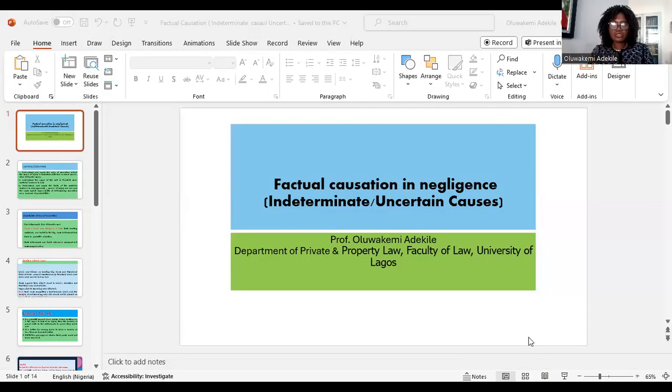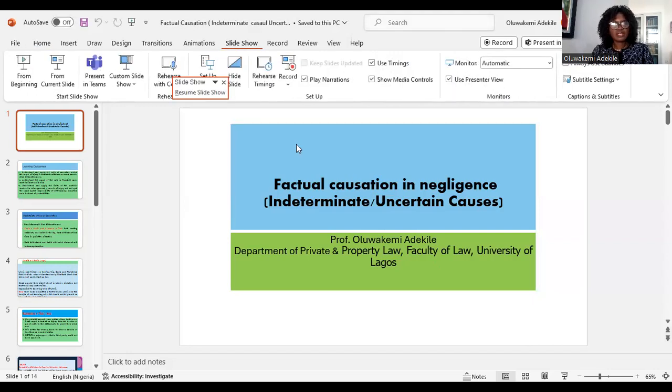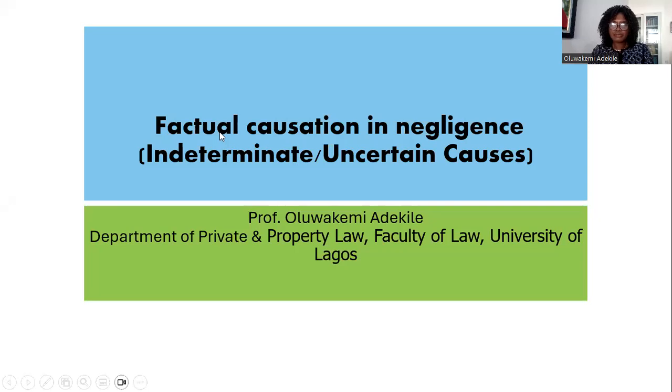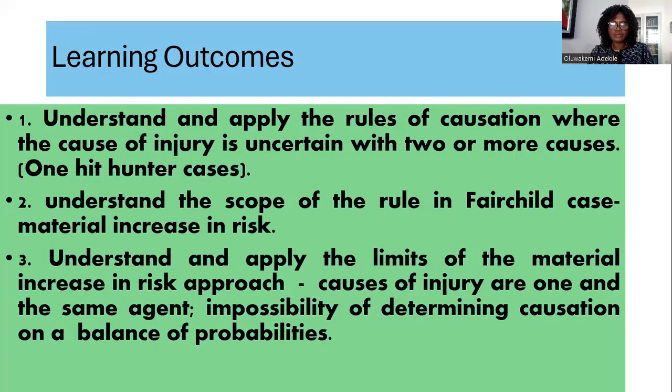In this respect, we are still on the question of causation in fact, because the court's inquiry is trying to determine the appropriate person to sue for a particular injury.